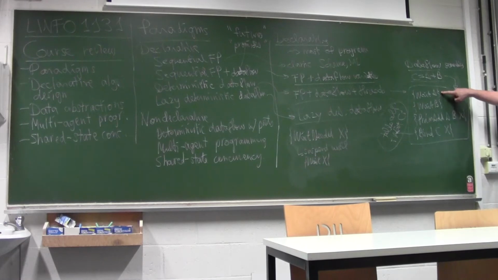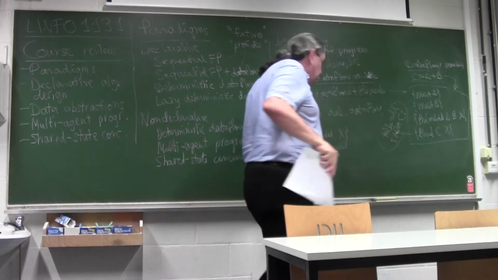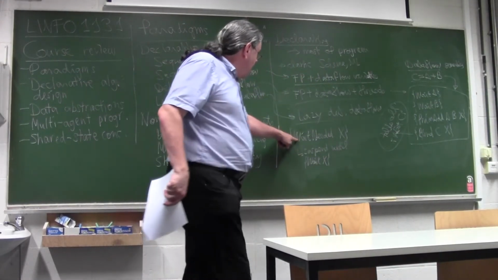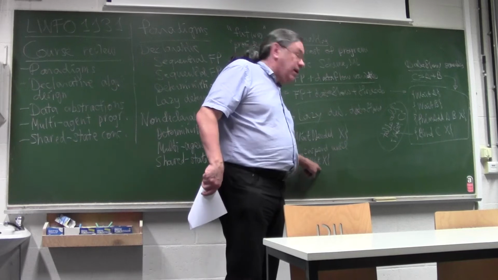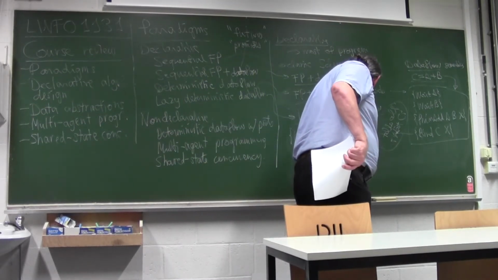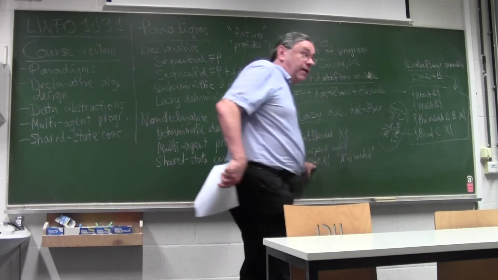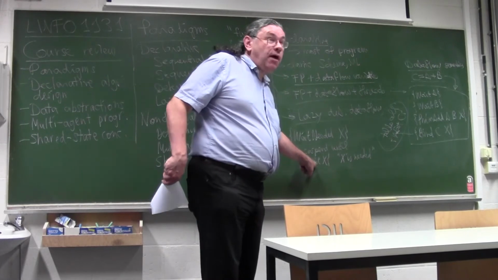The wait will suspend until A is bound to a value, but wait needed X will not do that. It will suspend until another thread is doing wait X. So we say that X is needed by the other thread. See how that works?